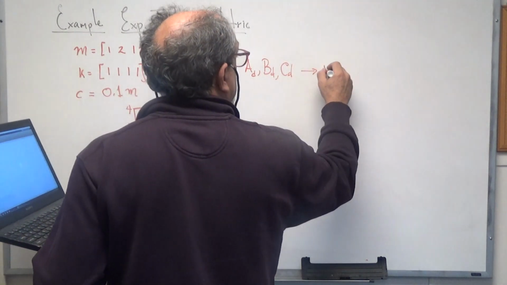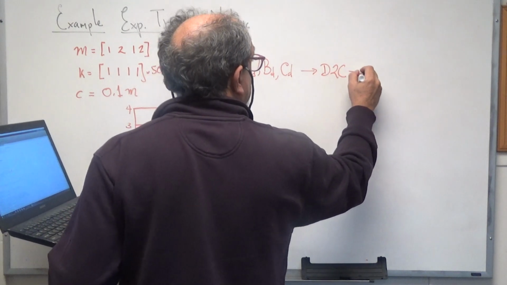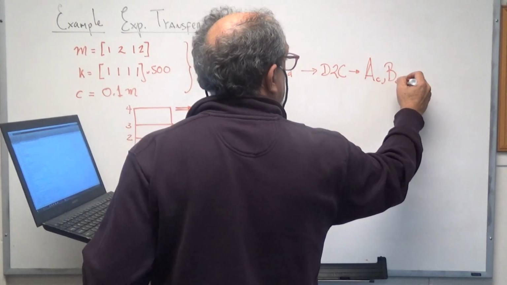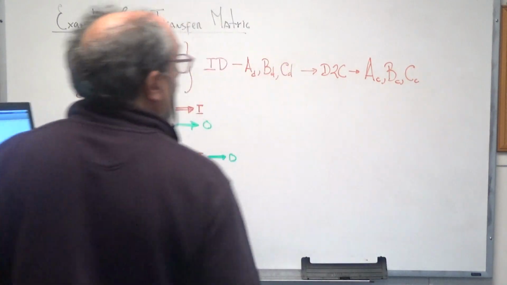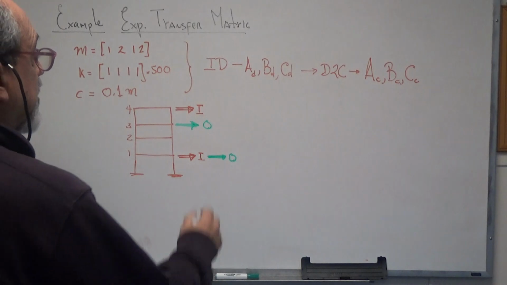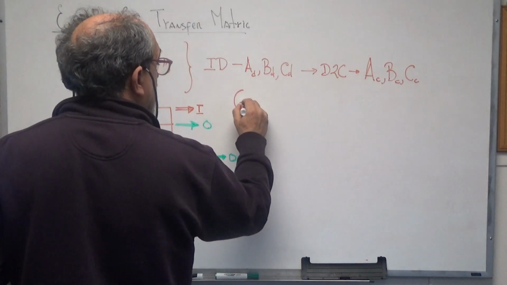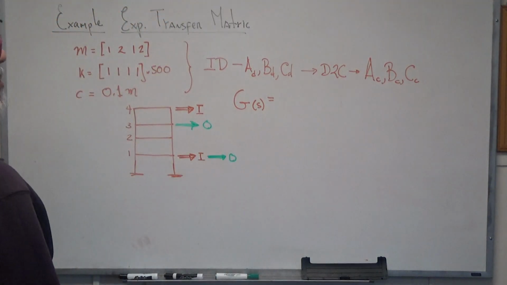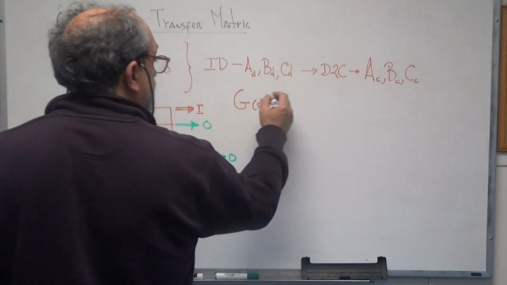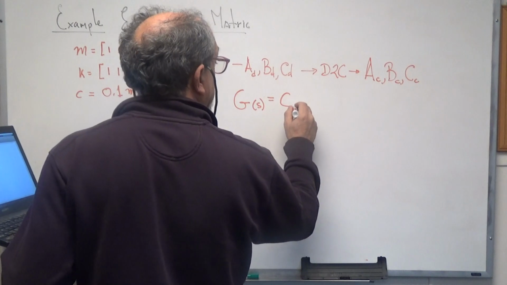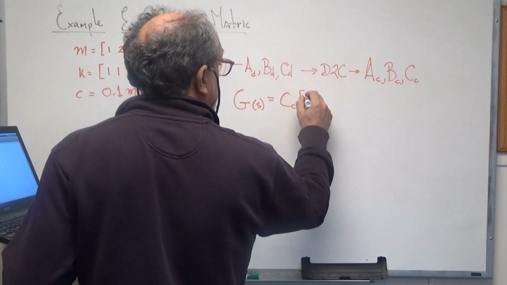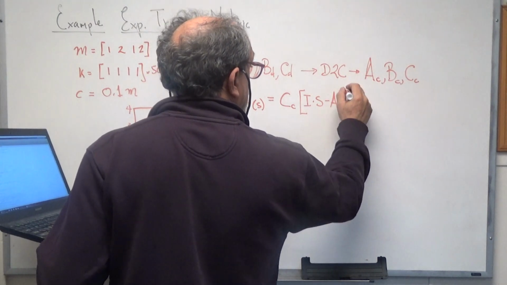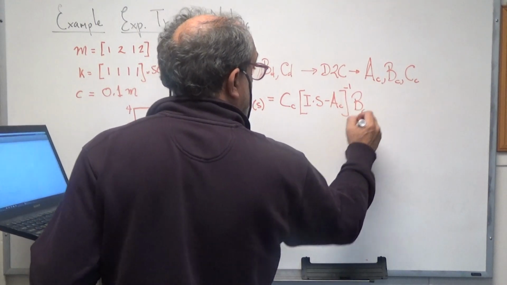Then we perform a discrete to continuous transfer, and at this point we have A continuous, B continuous, and C continuous. If we were to calculate the transfer matrix G, for whatever reason, using our matrices as they came out, we would say the transfer matrix G that we can get is C_c times the identity times s minus A_c to the minus 1 times B_c.